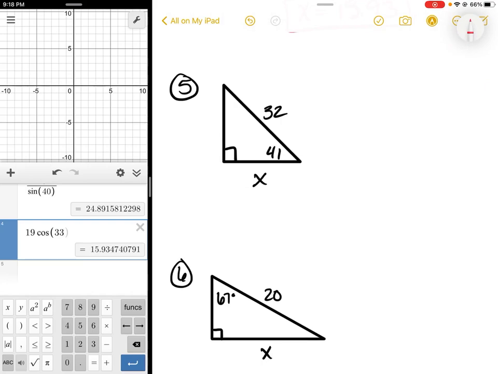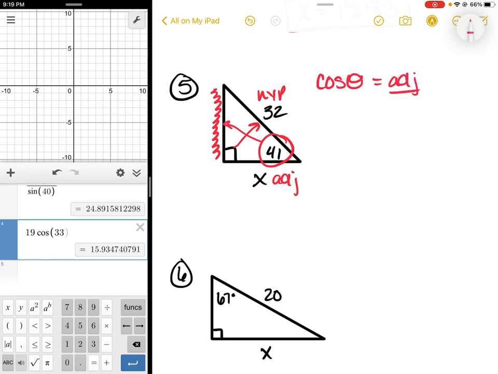All right, hypotenuse. Do we have somebody? We do have somebody, so we label it. Circle your angle. Opposite is blank, so we squiggle it out. And this leaves adjacent. Hypotenuse and adjacent is cosine. It's adjacent over hypotenuse.